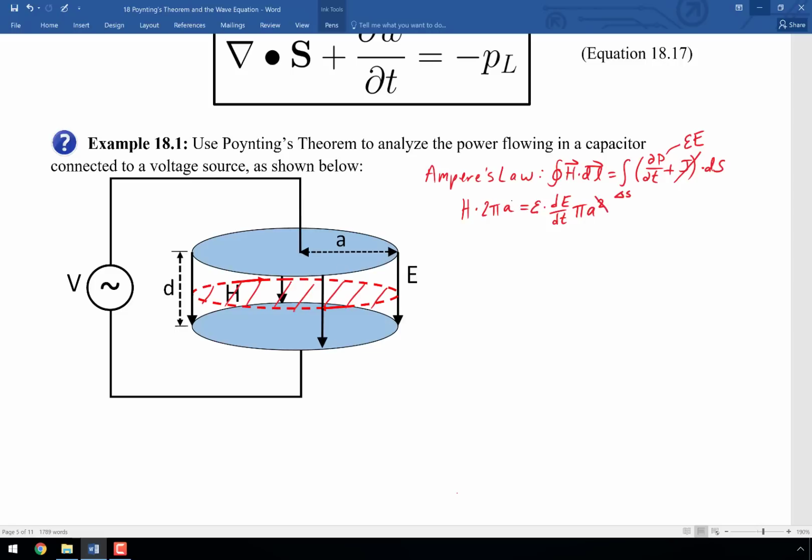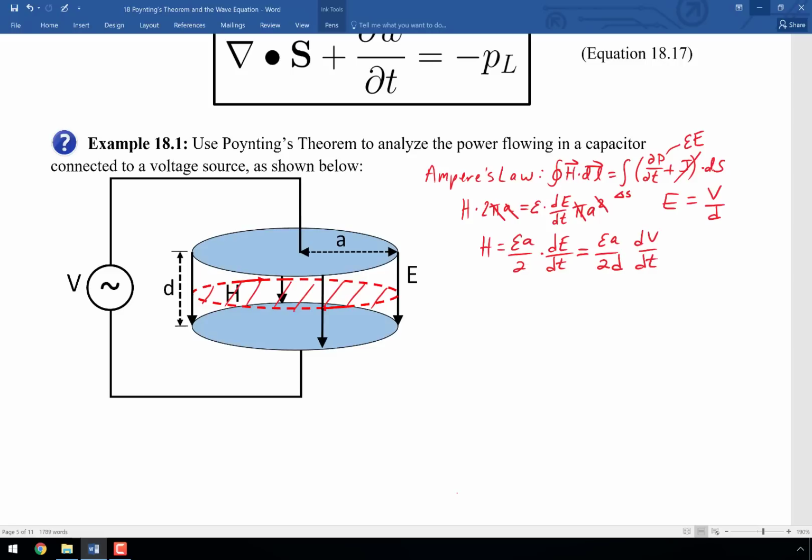So this a will cancel with this a, this pi will cancel with this pi, and H then is equal to epsilon a over 2 dE/dt, which I can write, since E is equal to V divided by d, as epsilon a over 2 with a d in the denominator, dV/dt.